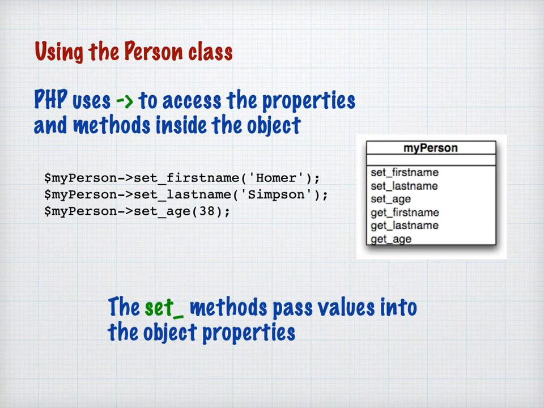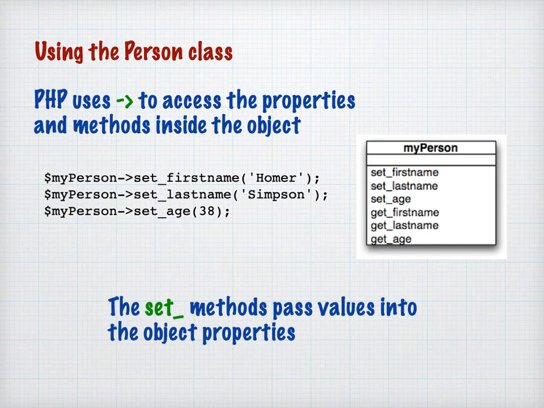Now, if we want to access the inside of the object, the way that we do that is to use those sort of get and set pairs. So set first name. Now remember, I haven't actually shown you how that's implemented yet, but I will do later on. Set first name is a function, and what we're going to do is use that function, it's part of the object, to push information inside, into the object my person.